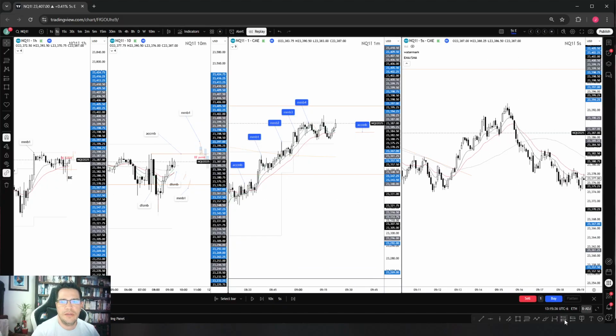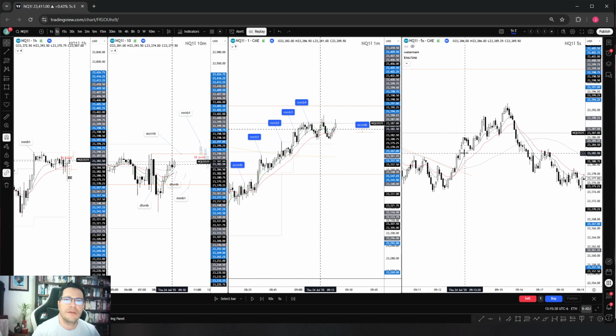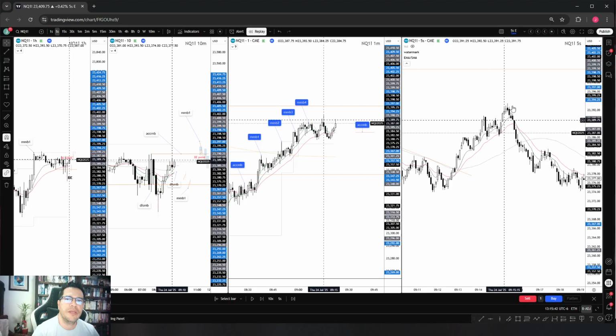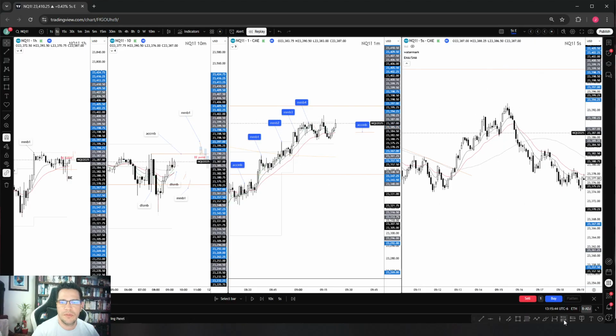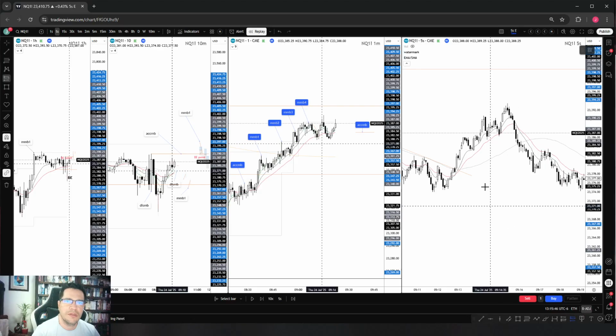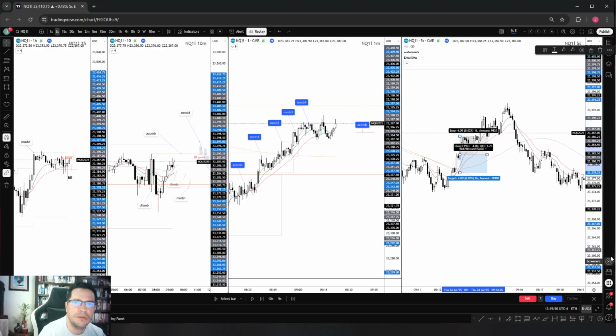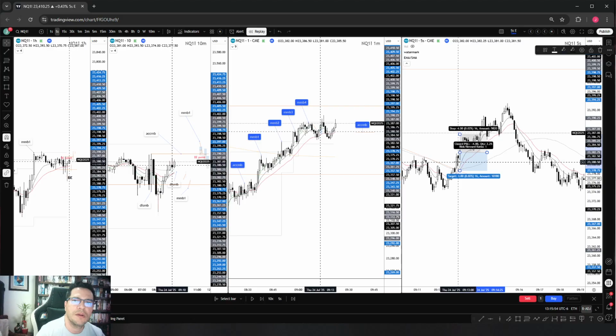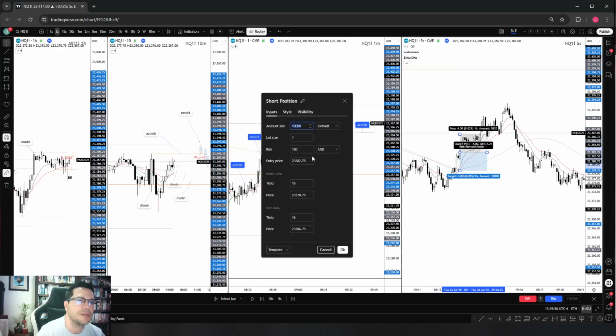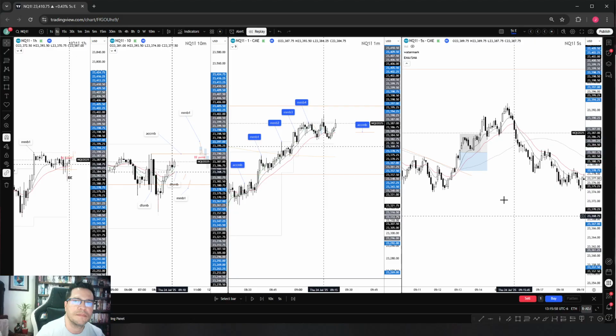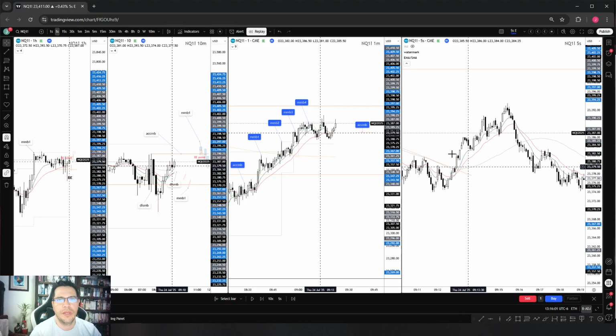Well, let's see. Yeah, price would have gone up. This would have been a break even for me, and then came down. So just let's see in terms of RR how this would have developed. Let's take a look. Yeah, I'm taking this the wrong way. This is a buy.